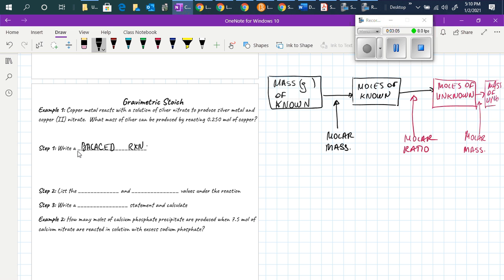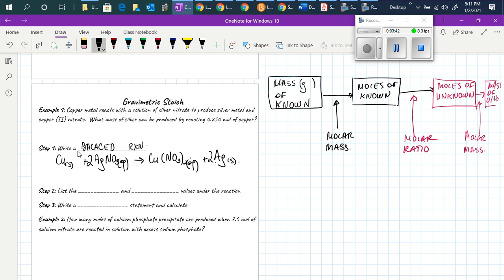So in this case, we will have copper reacting with silver nitrate to produce copper 2 nitrate in aqueous solution plus silver. Now the balanced one will be 2 here and 2 here.